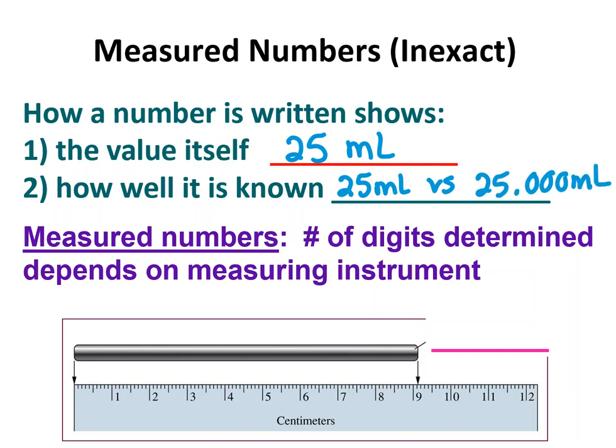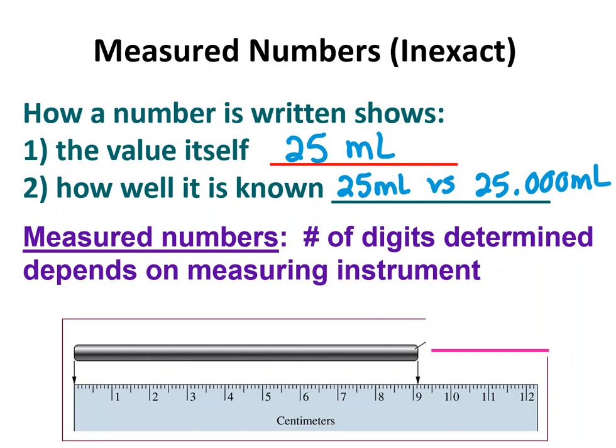So in other words, if we write down the number with these extra zeros, then that means that we have a lot of precision with that measurement. So this measurement would have less error than this one.